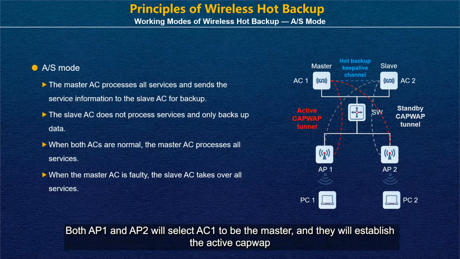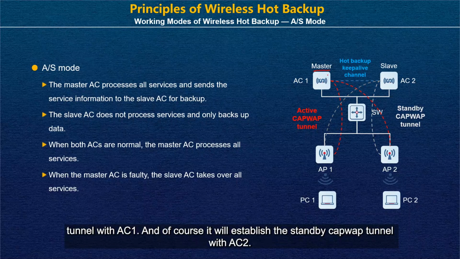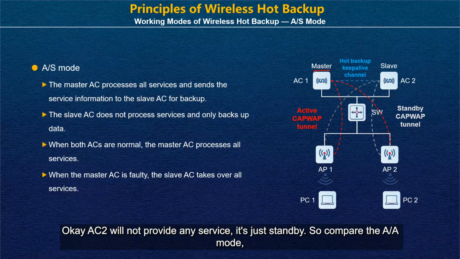Both AP1 and AP2 select AC1 to be the master, and they establish the active backup terminal with AC1. Of course, they establish the standby backup terminal with AC2. AC2 will not process any service; it's just the standby.